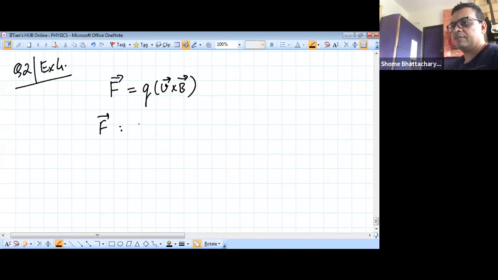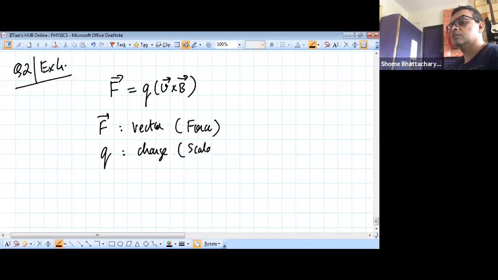Here F is a vector, the force vector. Q is charge, so it is a scalar quantity. But keep in mind that Q can be negative or positive. For example, an electron has negative charge, a proton has positive charge.